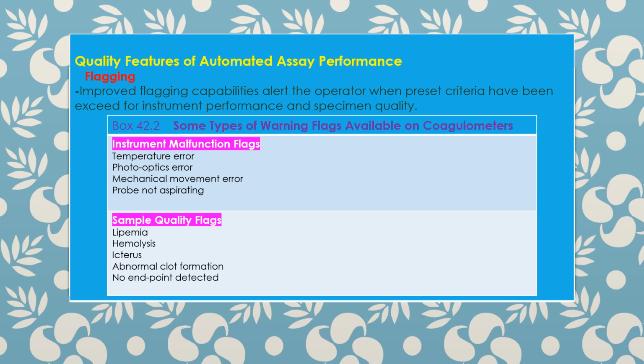Instrument malfunction flags include temperature error, photo-optics error, mechanical movement error, and probe not aspirating. Sample quality flags include lipemia, hemolysis, icterus, abnormal clot formation, and no endpoint detected.